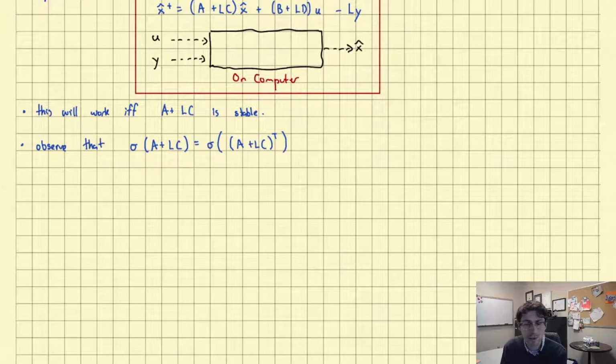Right? It's just swapping rows and columns. It does not change the eigenvalues. Okay? Let's write out that transpose. So when you distribute the transpose, A gets transpose, and then LC transpose, you just change the order, right? L and C. When you take their transpose, their orders change.